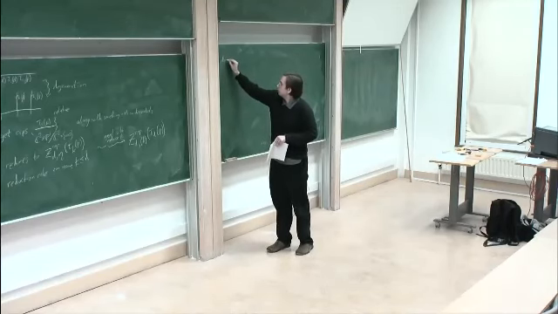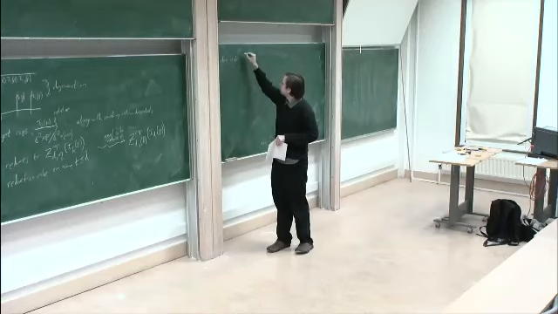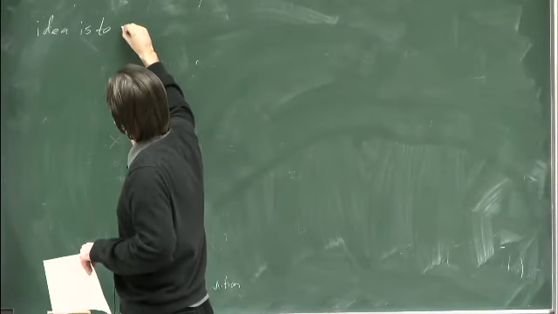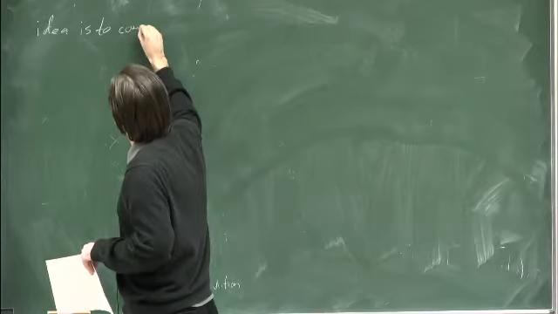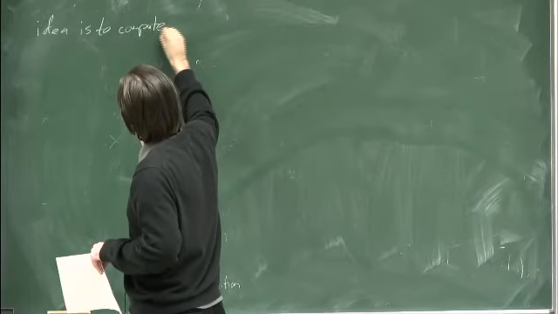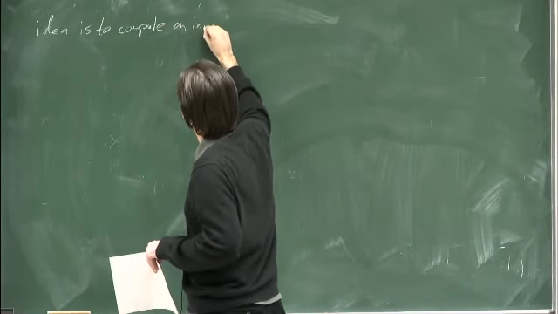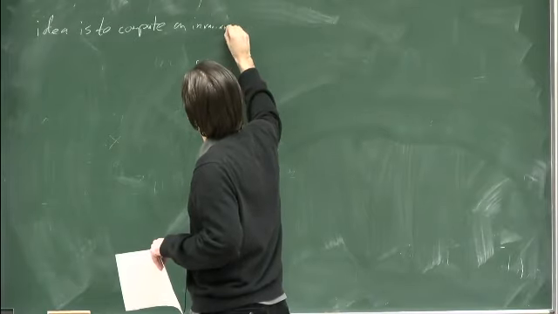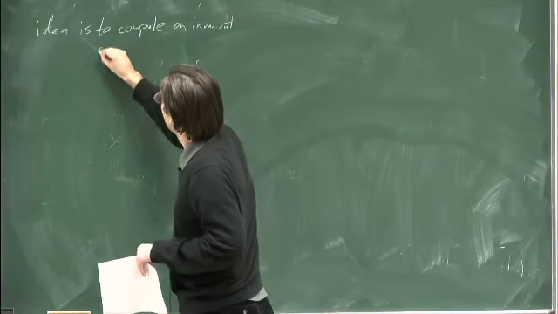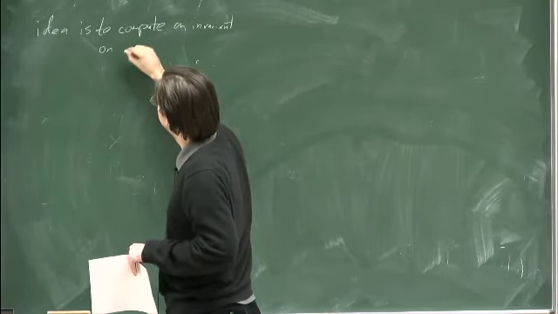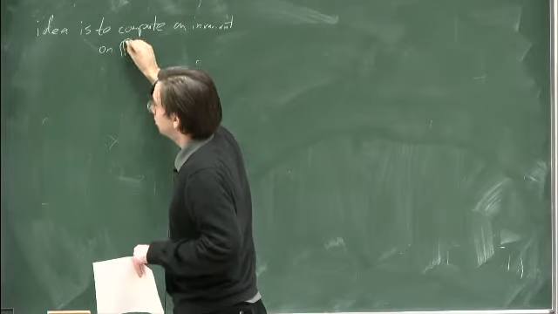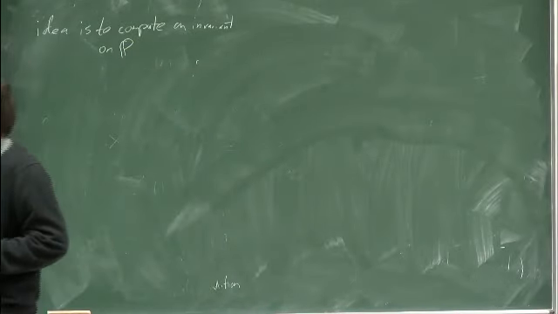So the idea is to compute an invariant on, well, here we had C2 cross P1.